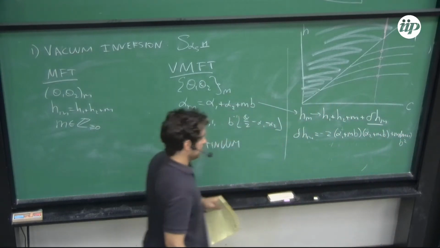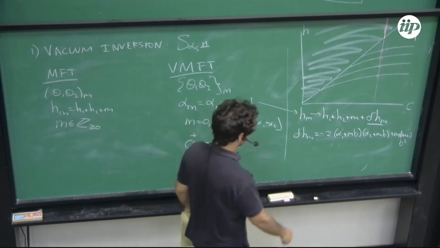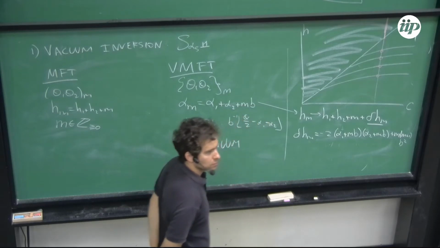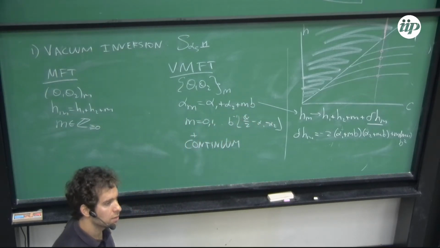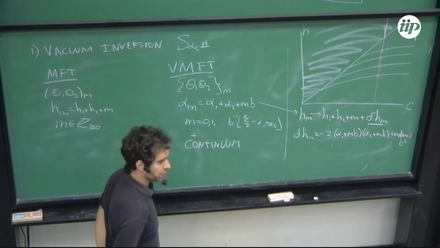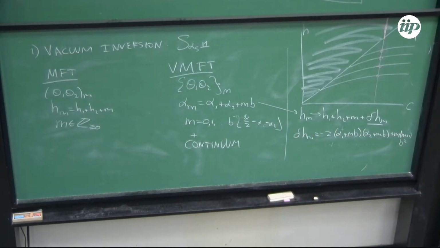And this is exact in b and alpha 1 and alpha 2. Right. So this is the result of just inverting the Virasoro vacuum block. At this stage, the physical utility will be twofold.